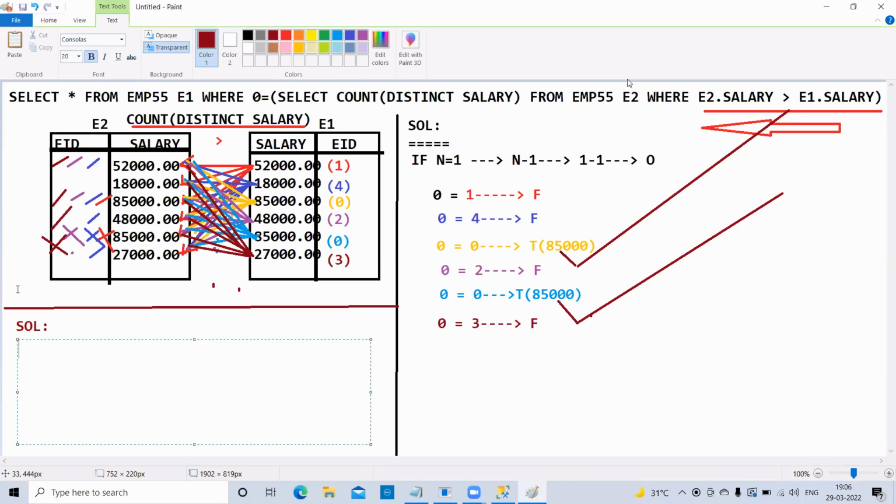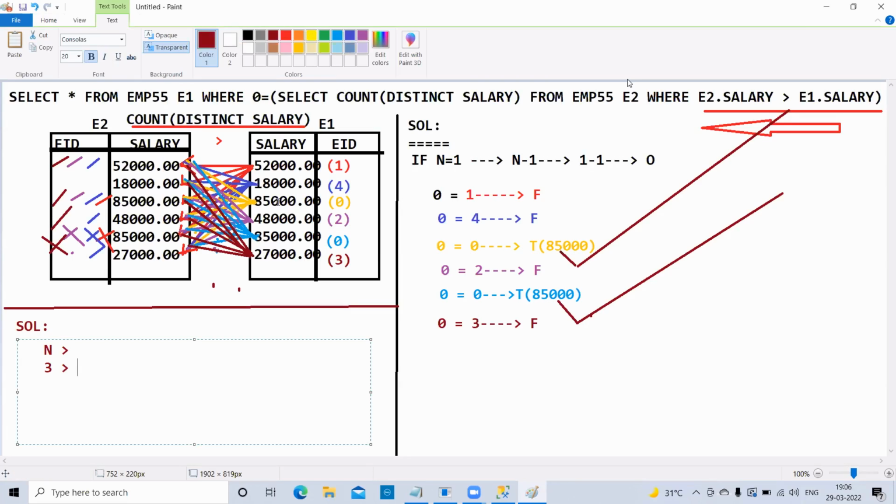We said top 3 means the formula n greater than, and here n is 3, so 3 greater than. So the outer query's where condition value is 3.